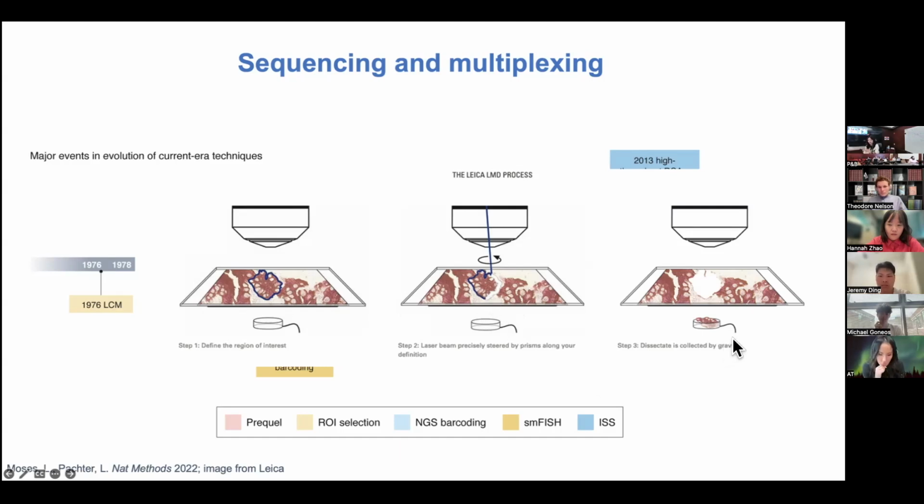This is a very first form of spatial transcriptomics, not necessarily single cell or single molecule measurements, but now we're able to specify the regions that we want to understand, and only select that tumor, only select those specific crypts, and collect them for sequencing.